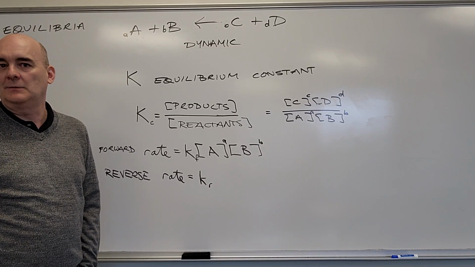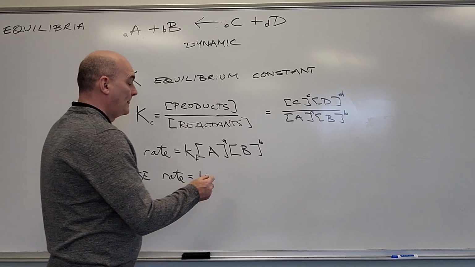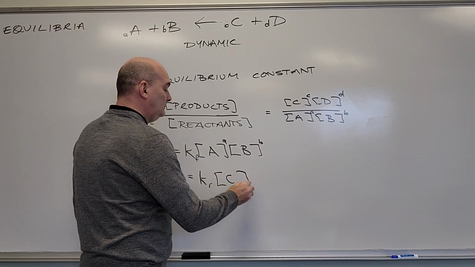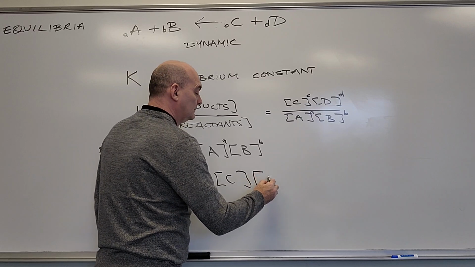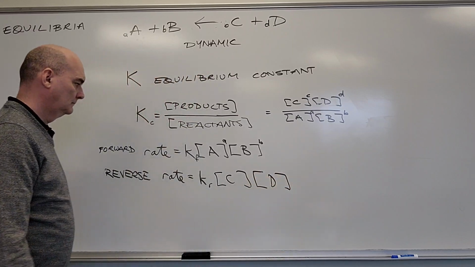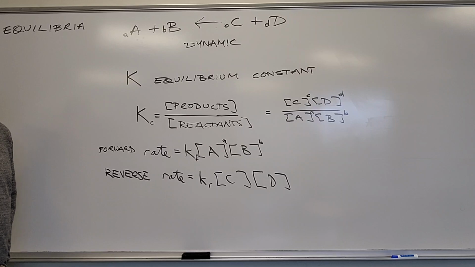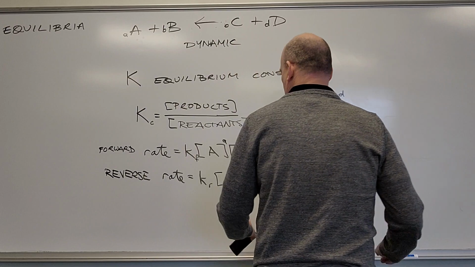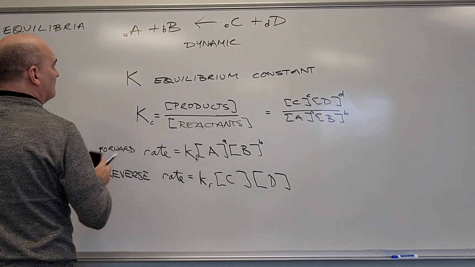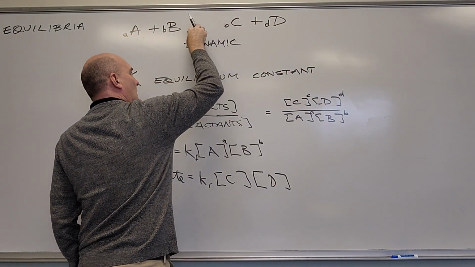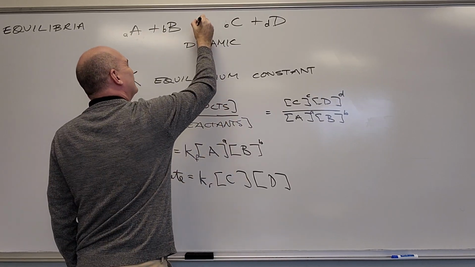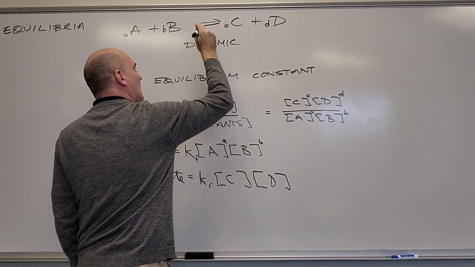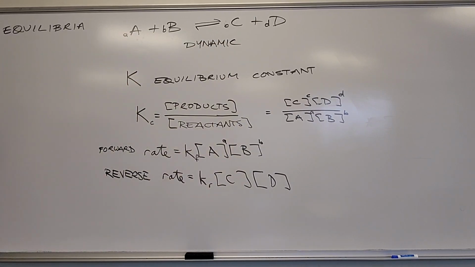The products have been made, or have not been made yet. At equilibrium, the rate forward and the rate backwards are the same as each other.